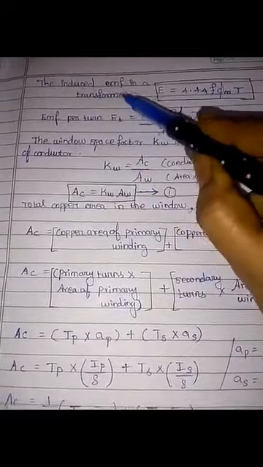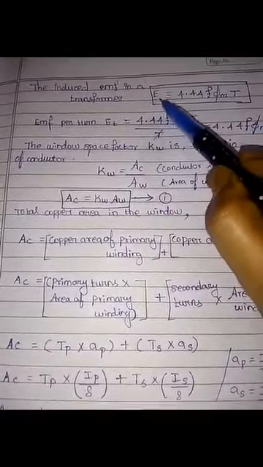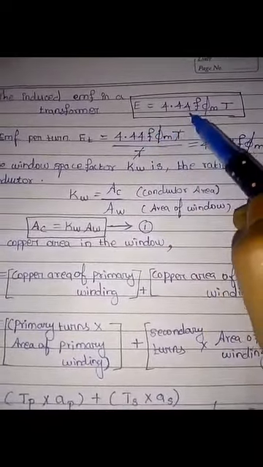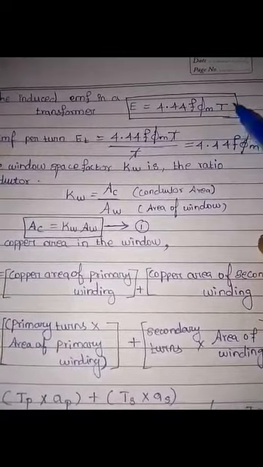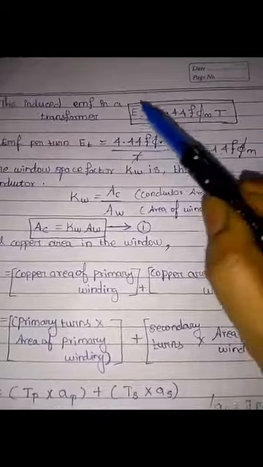The induced EMF in a transformer is represented as E. E equals 4.44 f phi m T. So this is the main equation of the transformer.